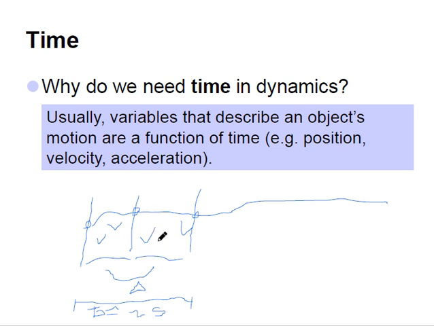Time helps us understand how motion changes or evolves, and it allows us to calculate these changes. Calculate meaning, how much is the change from here to here? The distance was that. From here to here, the distance is now a new distance, longer. So the change is this much.